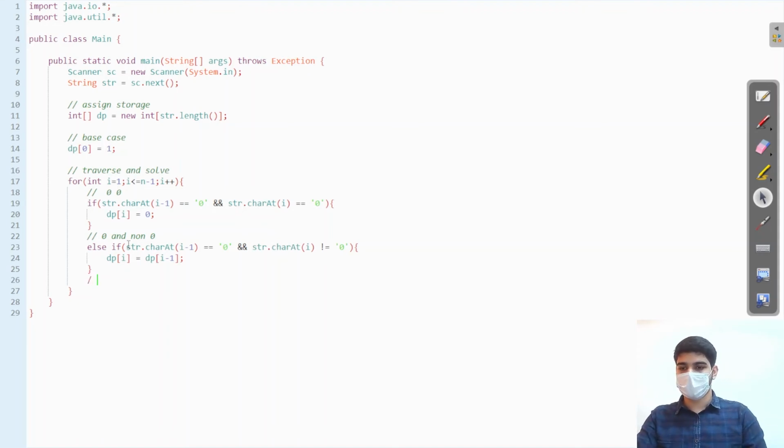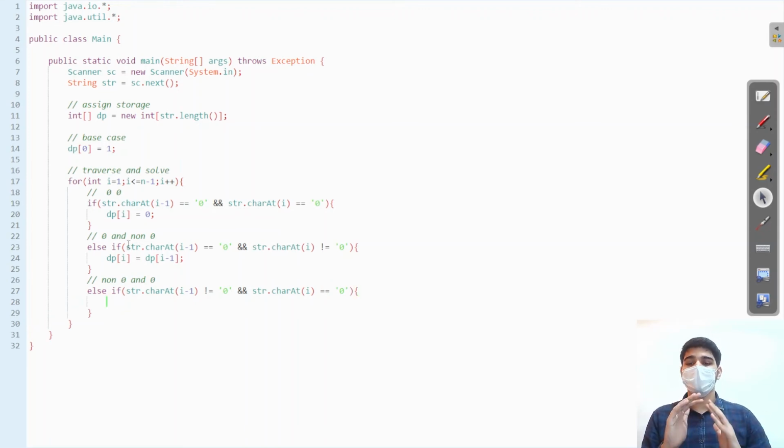Okay, now the case when I have a non-zero number as a preceding value and a 0 as my current value. In this case, I would write string.charAt of I minus 1 is not equal to 0, and string.charAt of I is equal to 0. In this case, I can only make a call of double.